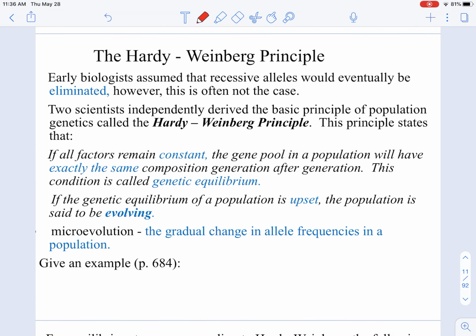And the majority of this chapter is going to be about calculating using the Hardy-Weinberg equation.